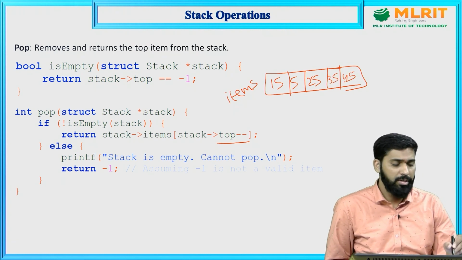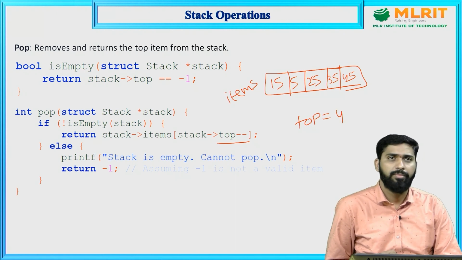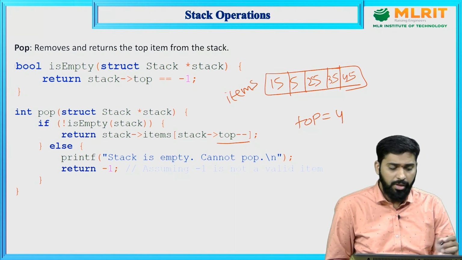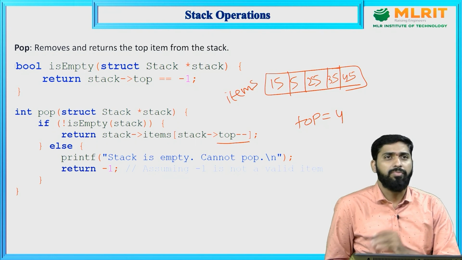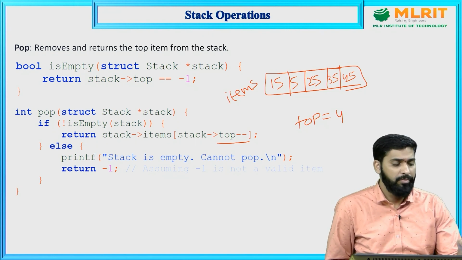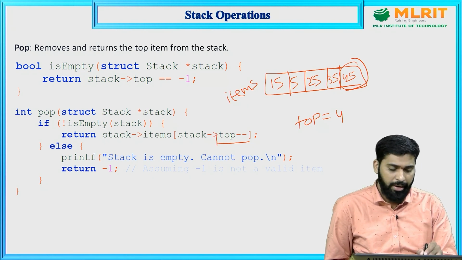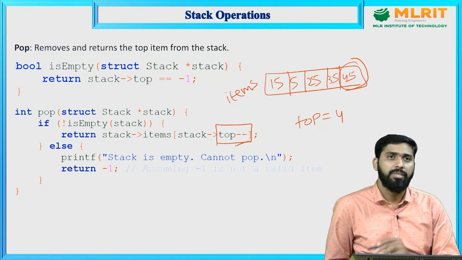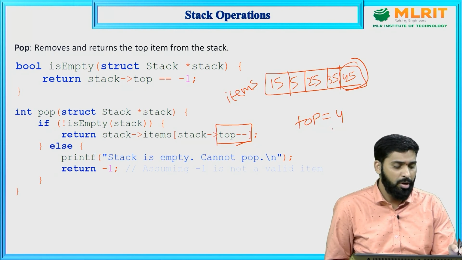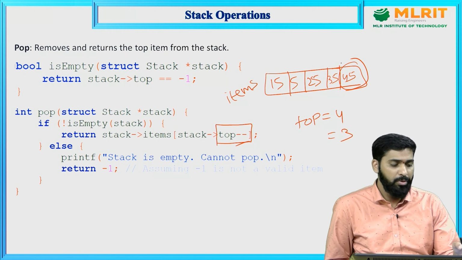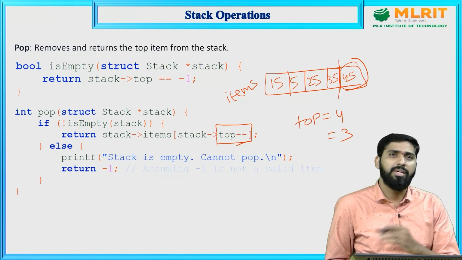Now, what is the top value? Top equals 4. Now I want to delete an element. Which element is going to be deleted? 45 will be deleted. So, simply write items of top minus minus. Now the top becomes 3. Up to here only we can organize as a stack.